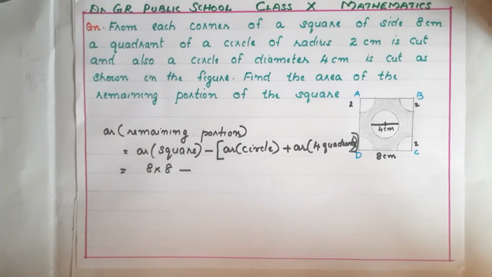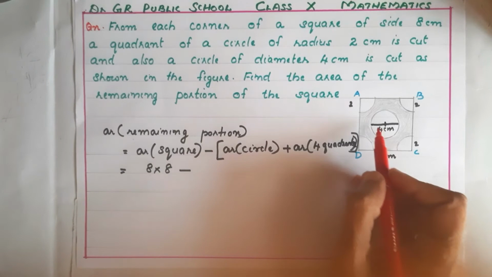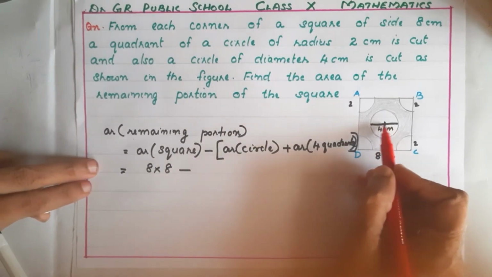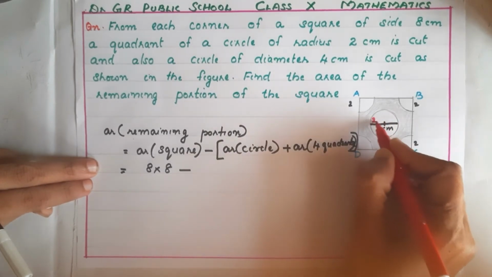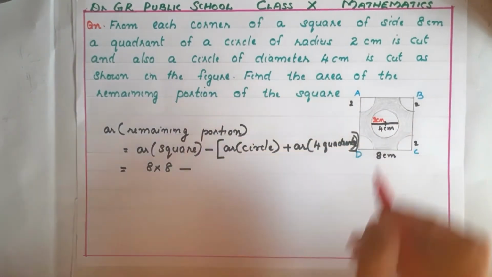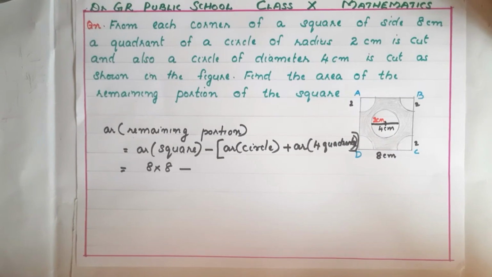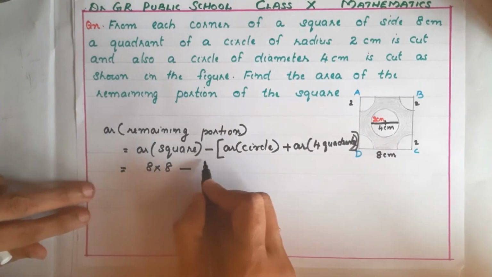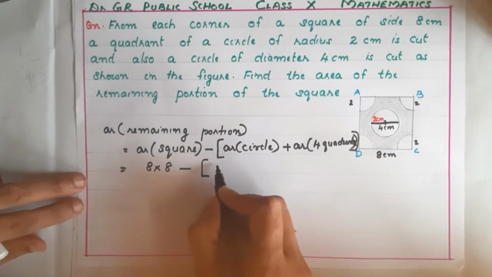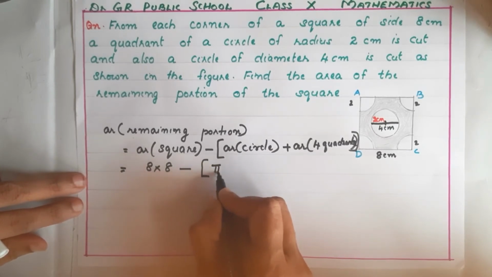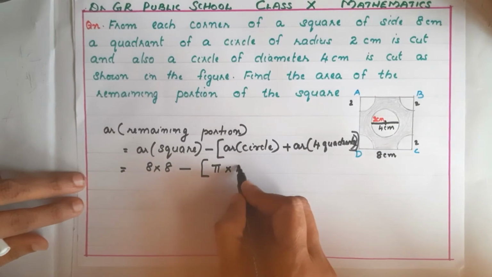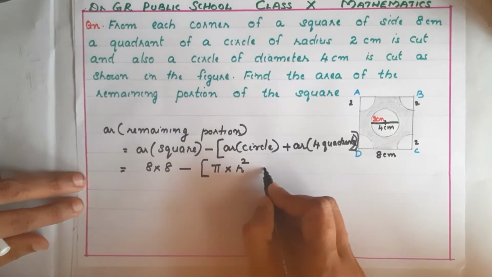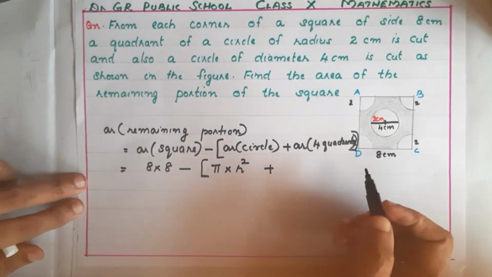So, what is the radius of the inside circle? 4 centimeter is the diameter, so radius is 2 centimeter. So, we can write area of circle pi r square. Then plus, okay, children.